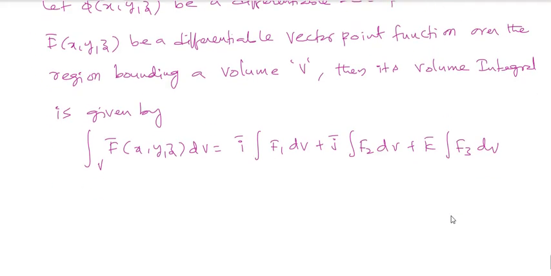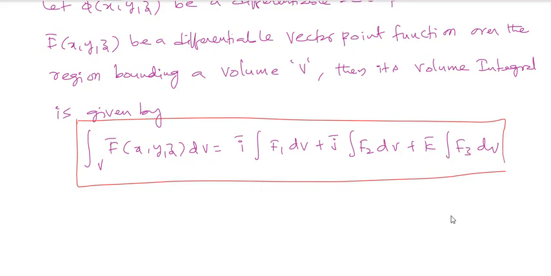So this is the volume integral. Nothing more. Line integral means single integral, surface integral means double integral, volume integral means triple integral. That's all. Nothing more complicated here. Clear with my point?